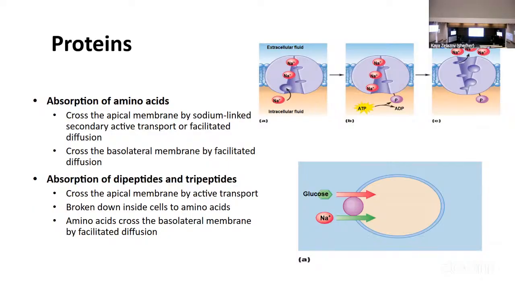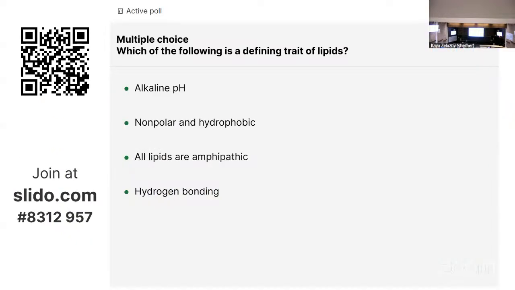We got ways of actively absorbing those into cells. If we picked a di or tripeptide, we break it down to a single amino acid once we're in the cell, and then we can pass that towards the bloodstream. That's our high-level overview of what's going on with the proteins.